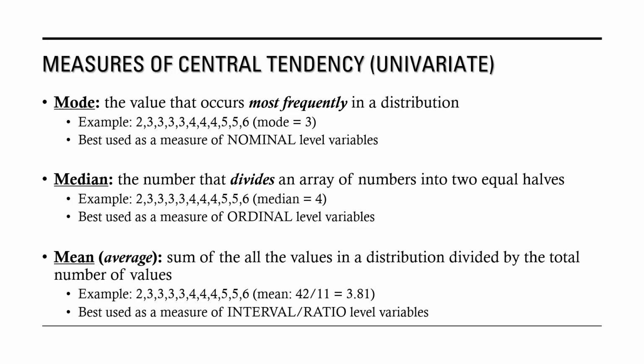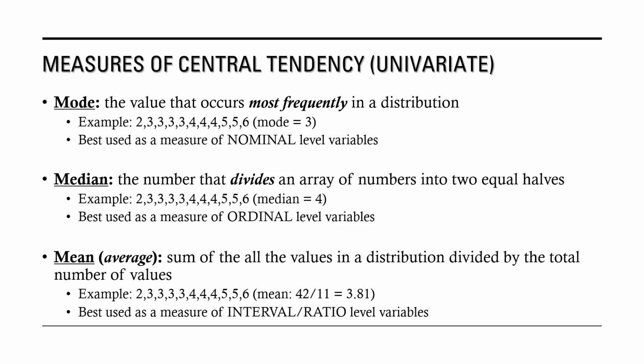The final measure of central tendency is the mean. This is what we typically refer to as the average. Okay, it is the sum of all values in a distribution divided by the total number of values, or the total number of people in your sample. Okay, so we have this same example, all these values on an array.